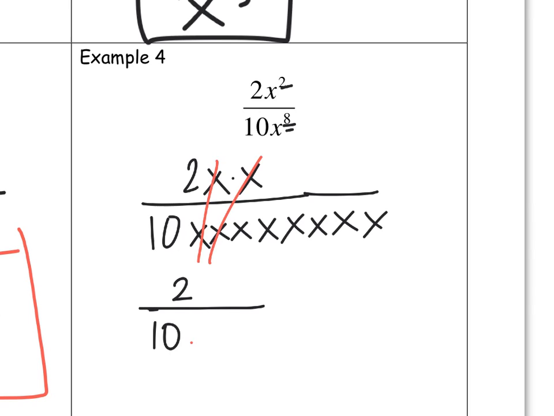And we said we counted these x's, and there were 6 of them, x to the 6th. And the last thing we're going to do is reduce this fraction right here, 2 over 10, by dividing by 2 and dividing by 2. And we get 2 divided by 2 is 1. 10 divided by 2 is 5, x to the 6th.